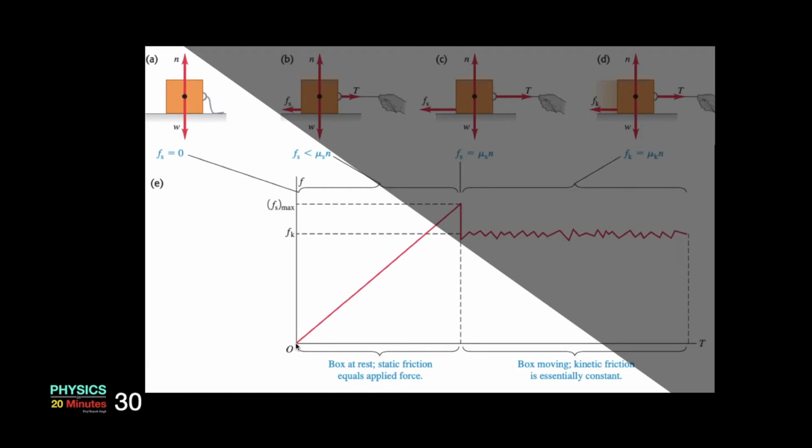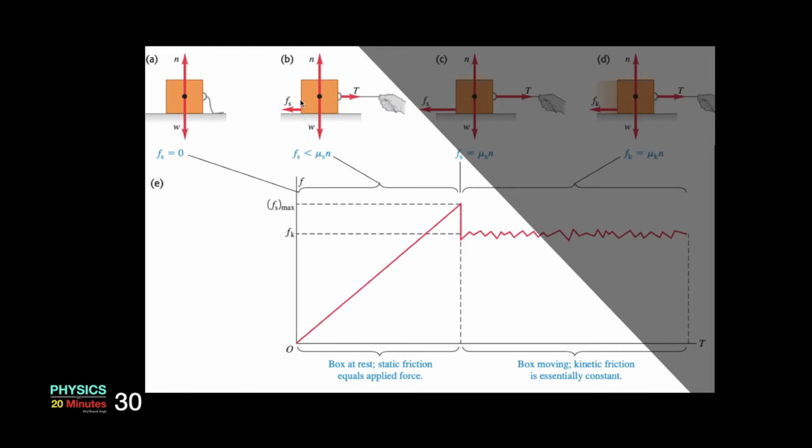Now let us apply a little tension in the string, but the block still doesn't move, it remains stationary. What does it mean? It means that there has to be a force in the opposite direction, which is called force of static friction.